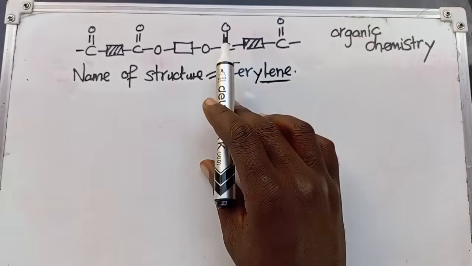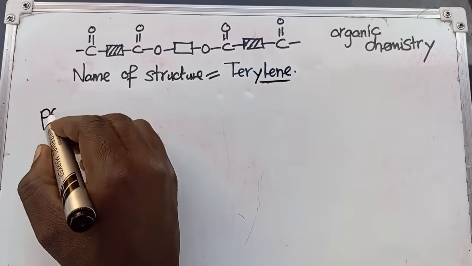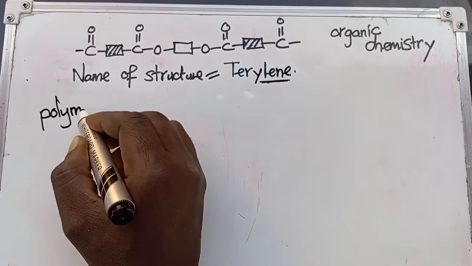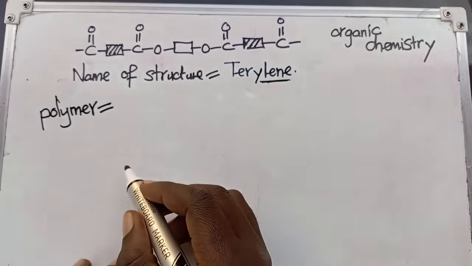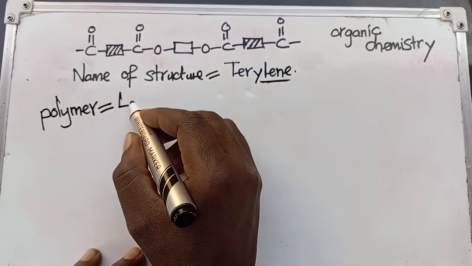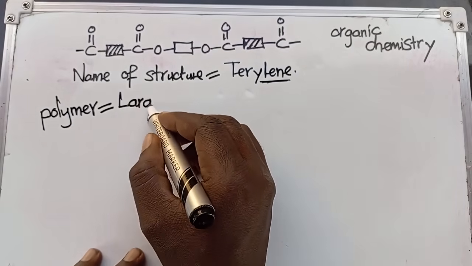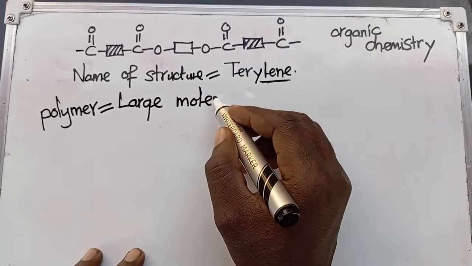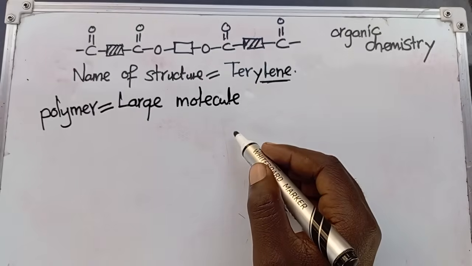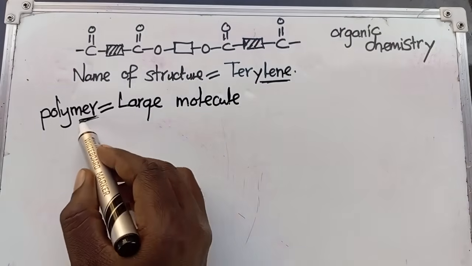This is a polymer. When you look at this particular word polymer, when I tell you what is a polymer, the word polymer means a large molecule. A polymer is a large molecule. And how is a polymer formed?